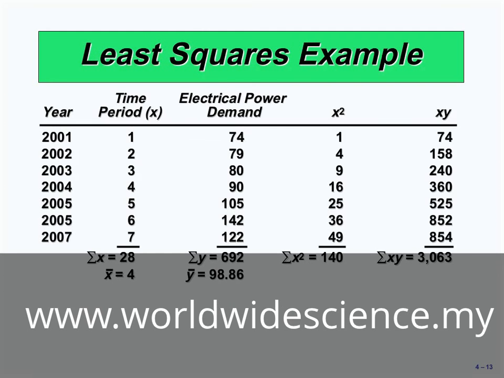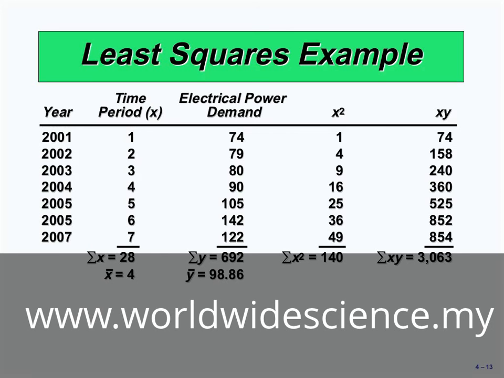For example, I told you X is the time period. X is the number, for your convenience, that you allocate to each year or each month. Here it is year. When you write these numbers, you should sum them together. This is sigma X. Sigma X divided by the number of periods, that is 7 years, gives you X bar.